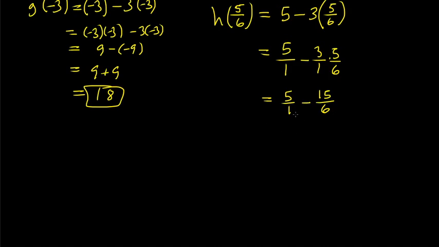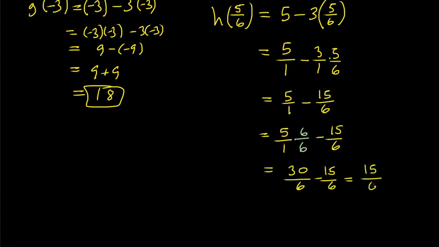But notice the 1 and the 6 are not a common denominator here. The common denominator is 6. So I have to multiply top and bottom by 6 for the first fraction. I can leave the second one alone. So I get 30 over 6 minus 15 over 6. 30 minus 15 is 15, so we get 15 over 6.